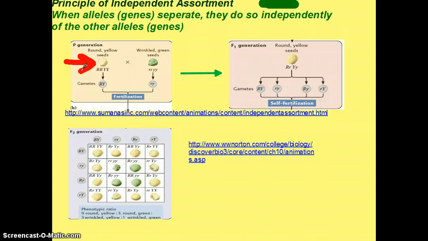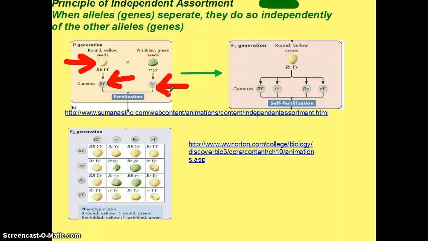You got alleles for round and wrinkled, and you got alleles for yellow and green. When gametes are produced, you're going to get this combination from a homozygous parent. Capital R, capital Y, or little r, little y.